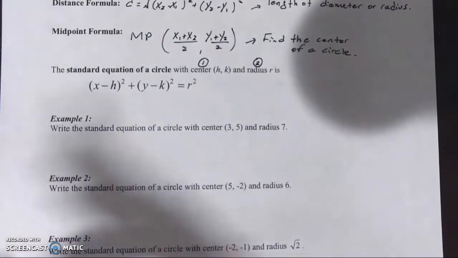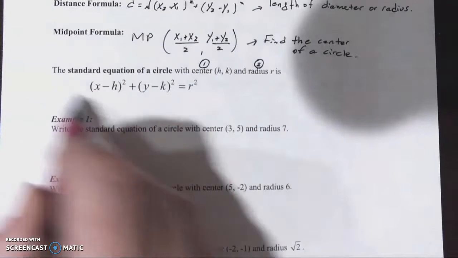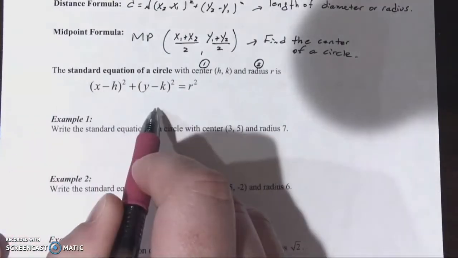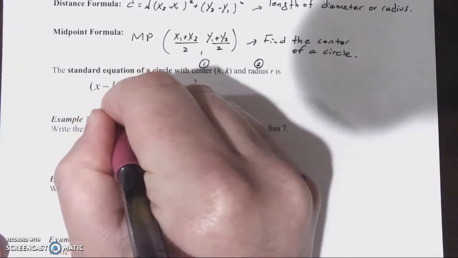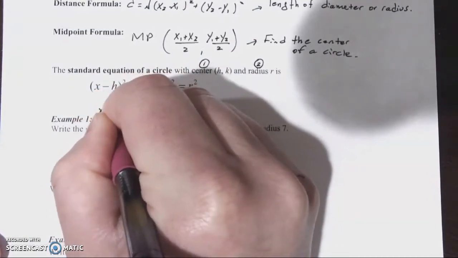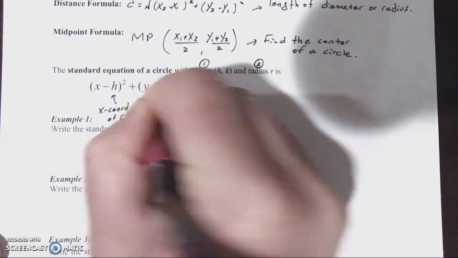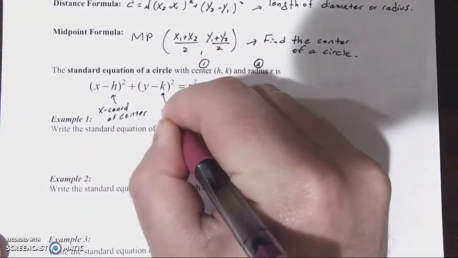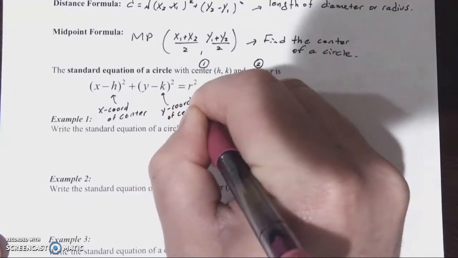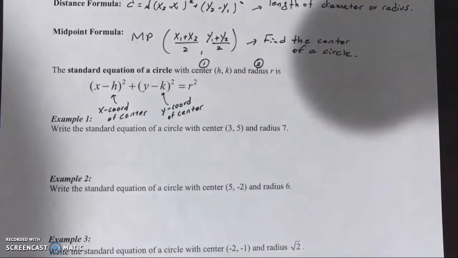The center in this standard equation of a circle is the h and the k. The h represents the x coordinate of the center. The k represents the y coordinate of the center. Notice that they're attached to the x's and the y's, added or subtracted.